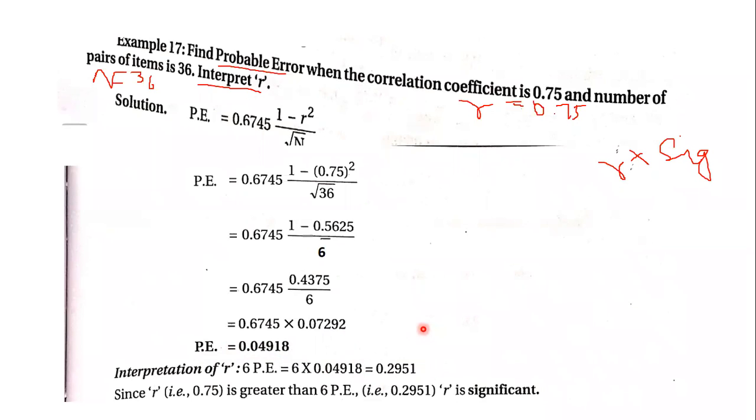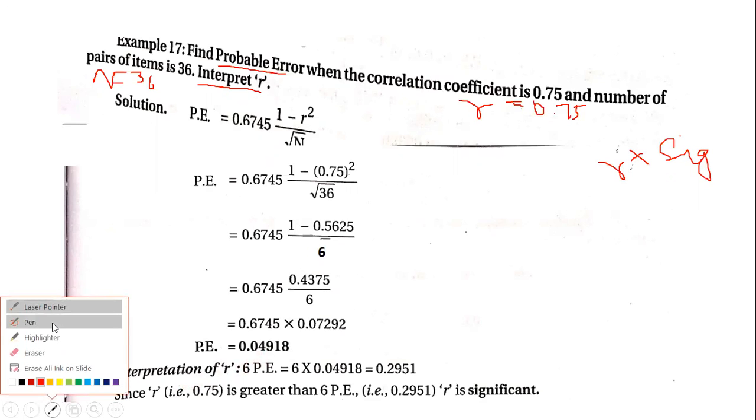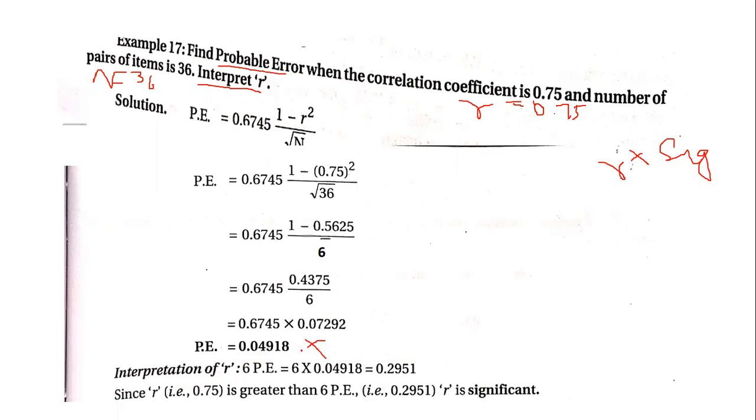So let us interpret the R. Interpretation of R is nothing but 6 into the probable error. So if you multiply 6 into this number, you are gonna get 0.2951. That is what you have got here.